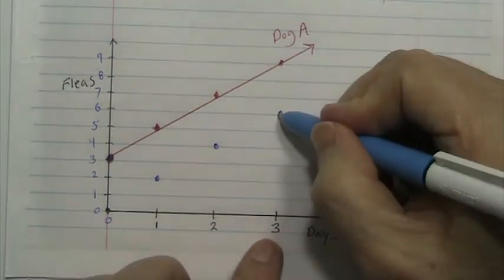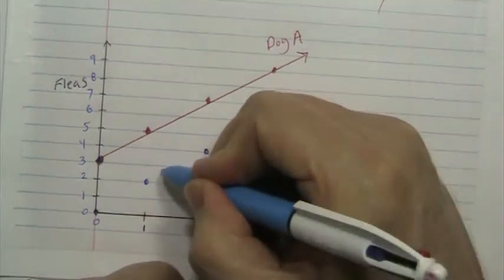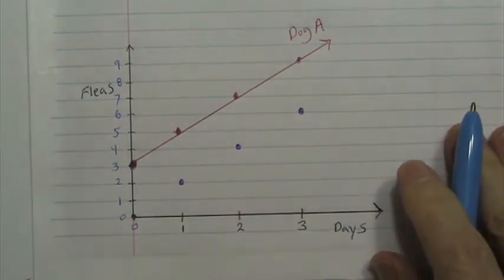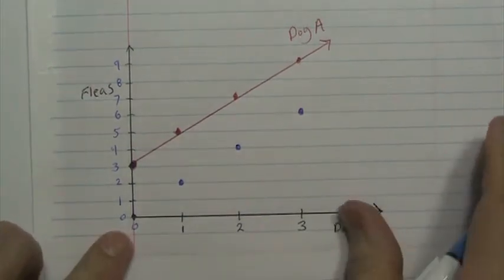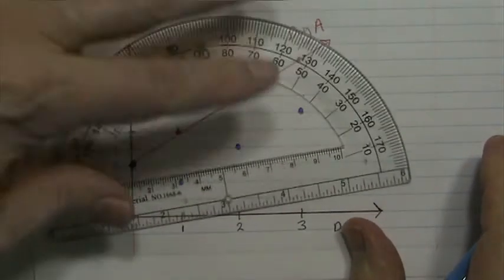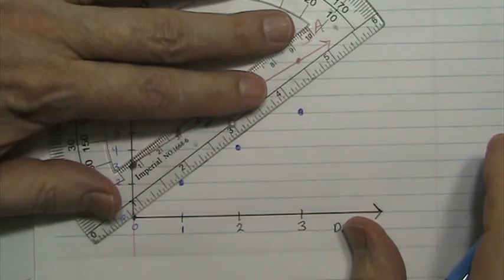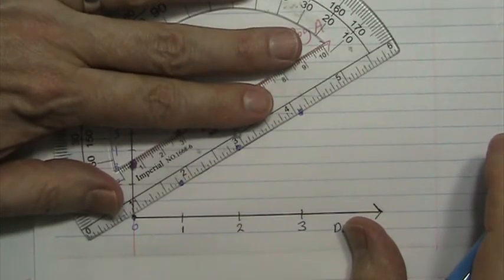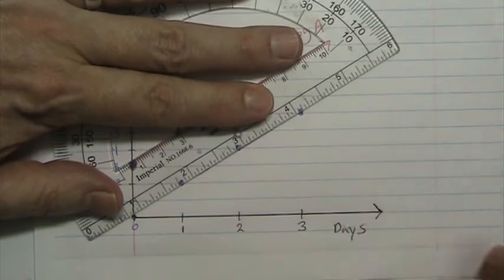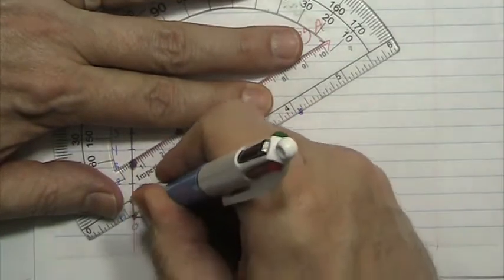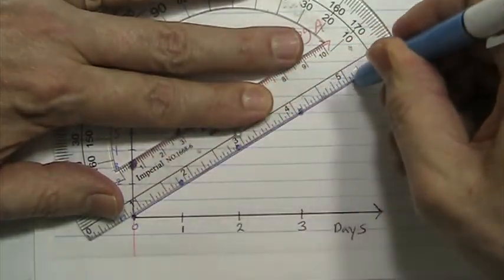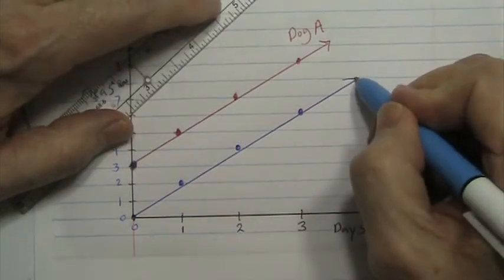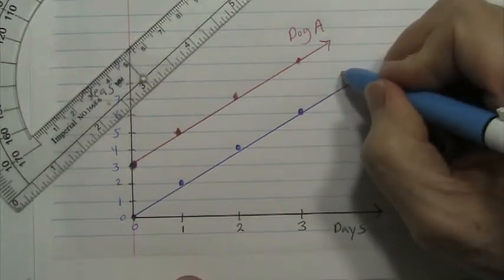Sometimes you might want to make the dots large, in case you're off just a little bit. All right, then we'll draw a straight line through that, through the origin. Let's see how close I got. Okay, pretty close. Pretty good without graph paper. All right, and this is dog B.